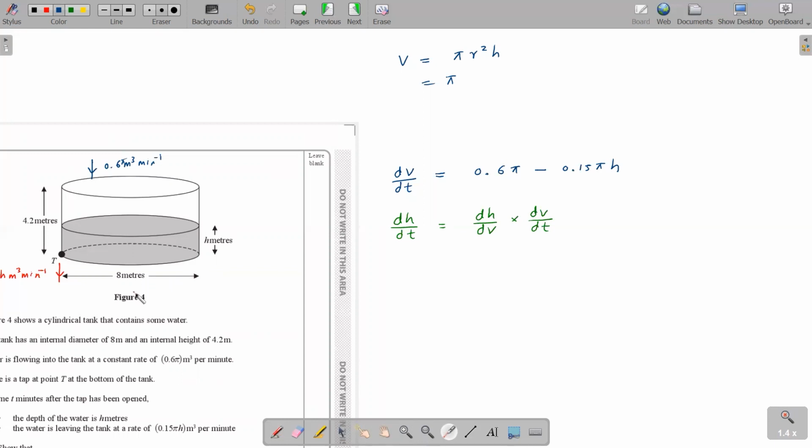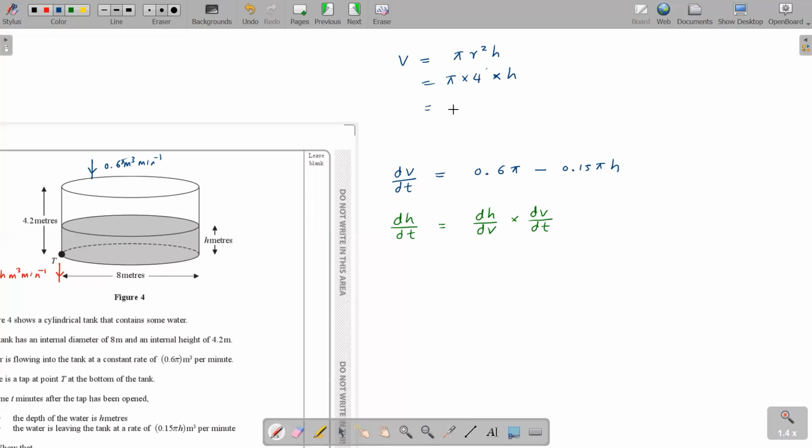The radius is constant at 4, the diameter is 8. The radius doesn't change because the water level is going up; it is still the same. The height, of course, is a variable, isn't it? Because there is a change in the water level. So you can't use height as 4.2. Height is h.